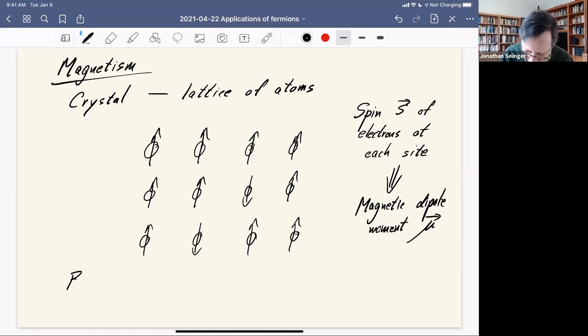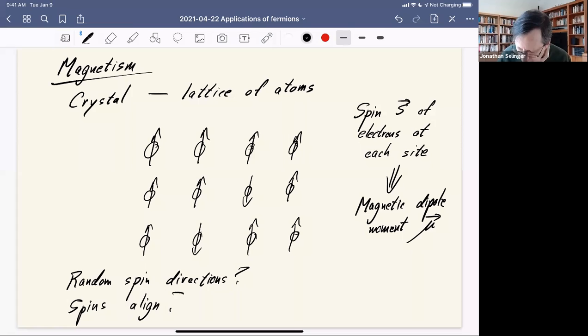So is it a case of random spin directions, or is there some case where the spins align? If the spins align, we call that a ferromagnetic phase.